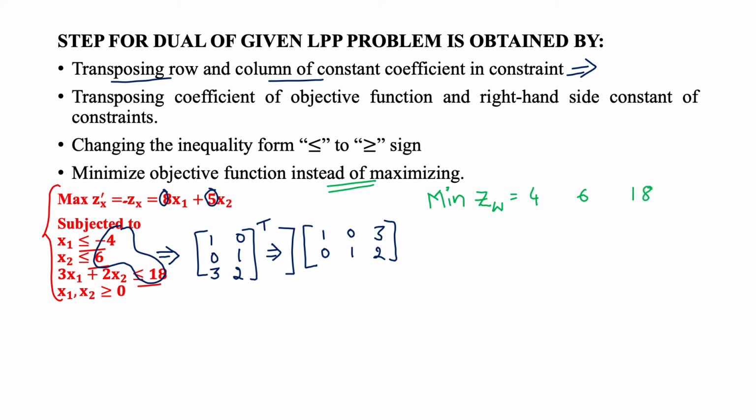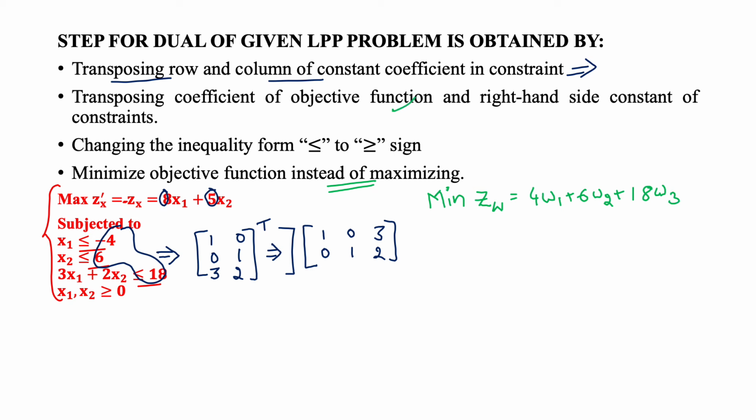For 3 constants we will have 3 variables, W1, W2 and W3.